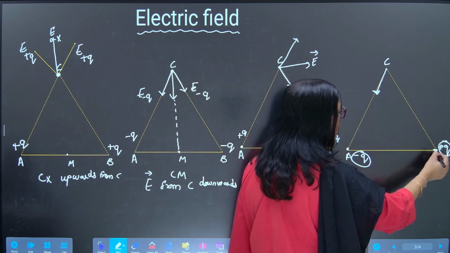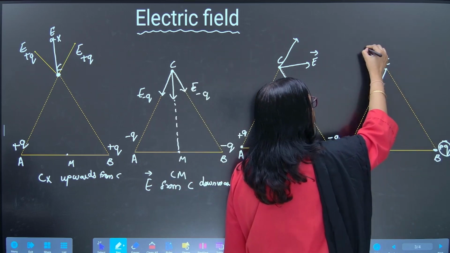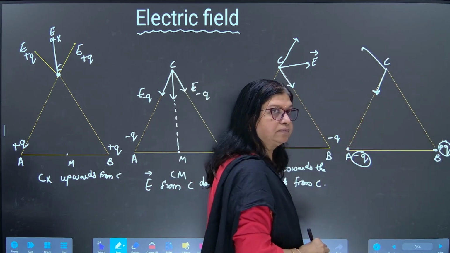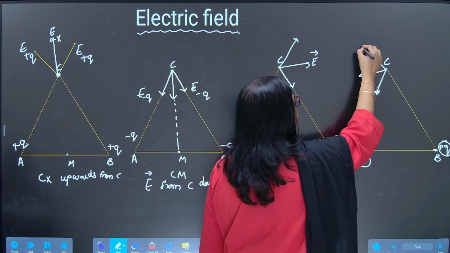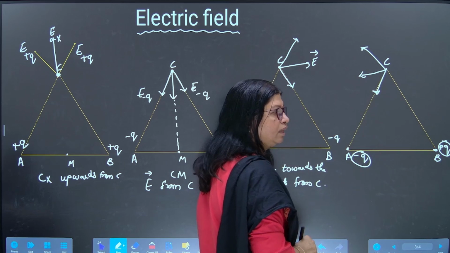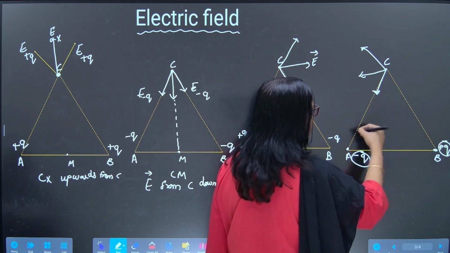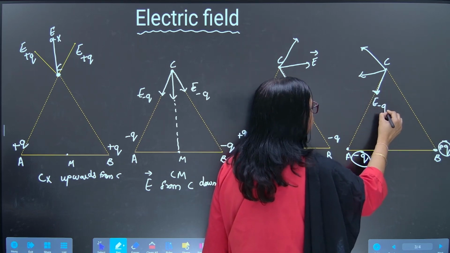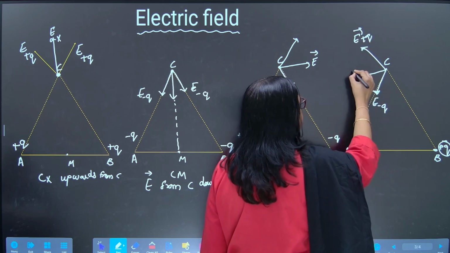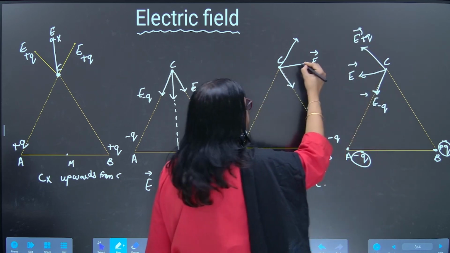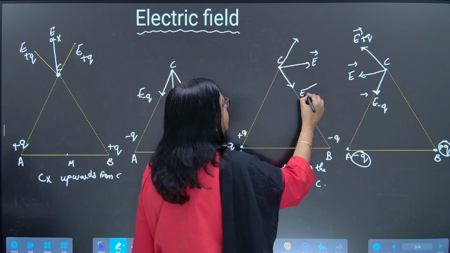Again, from B to C, I go outwards because this is a positive charge. What is the resultant of these two? Here I have the resultant. I name it according to whatever I have. This is E minus Q. This is E plus Q. Directions are there, so let me draw the directions. Here also I can finish with E minus Q.